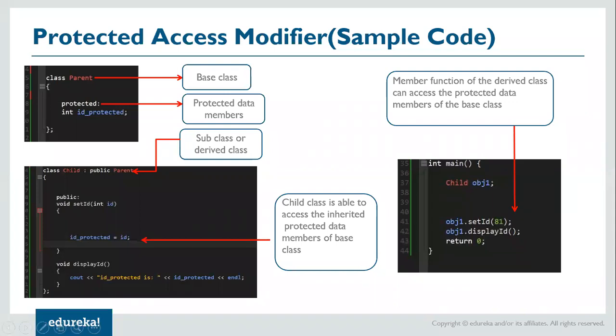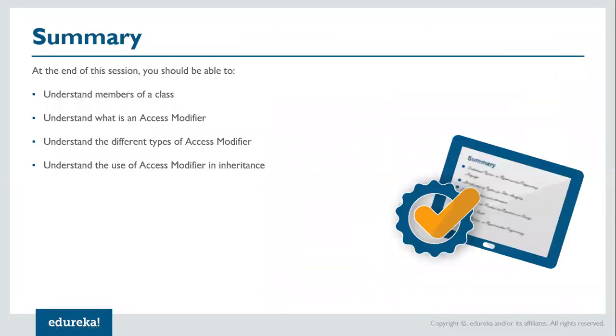So moving on, to summarize our discussion, at the end of this session you should be able to understand the members of a class, which we have seen as variables and functions. Then understand the access modifiers, which are private, public, and protected, and how we can use the different types of access modifier, including with reference to inheritance.